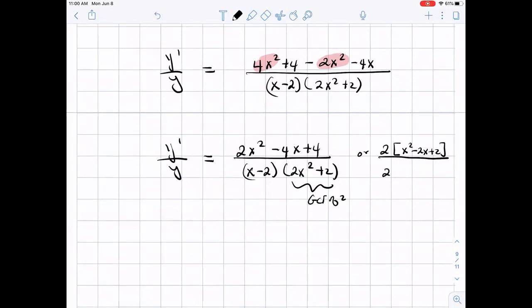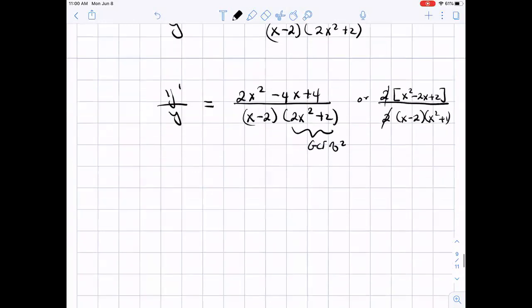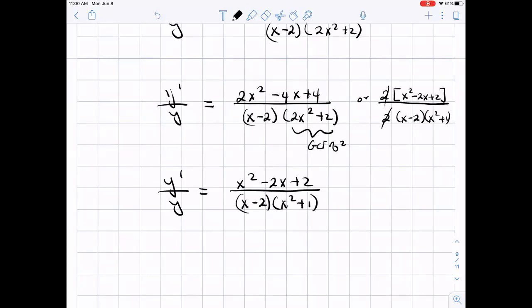So this becomes 2 times x minus 2 times x squared plus 1. And then this 2 can cancel with that 2. So we have y prime over y is equal to x squared minus 2x plus 2 divided by x minus 2 times x squared plus 1.